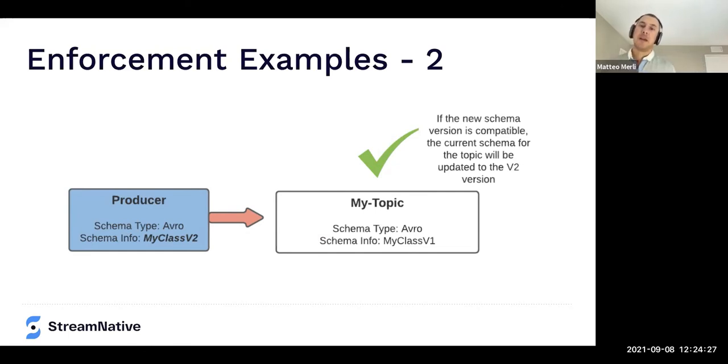But if you determine that this new version of the schema is compatible with the existing one based on the policies, then this producer will be allowed to connect, and the schema of the topic will be updated to V2. So now the current schema of the topic will become V2. And in the topic, V1 and V2 would coexist for some amount of time.